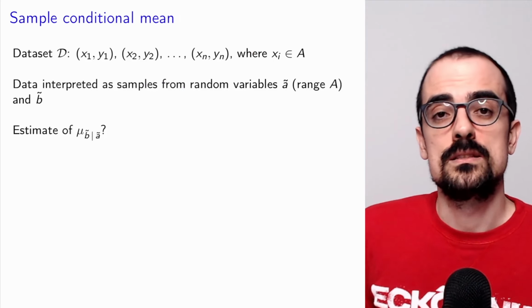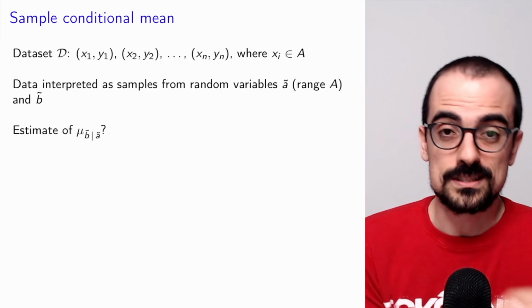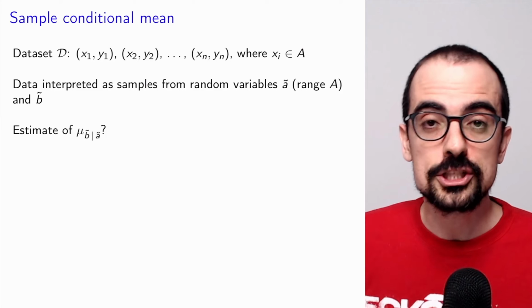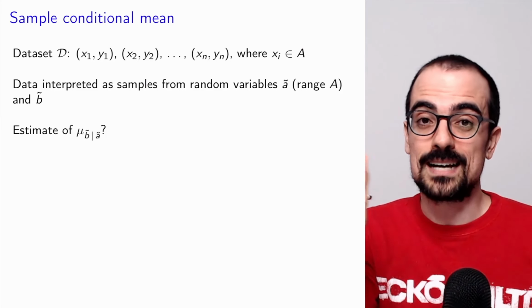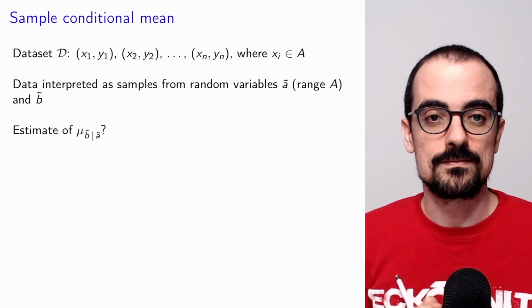How do we estimate the sample conditional mean? And this is very important, as we will see later on, for regression. Well, you essentially do like for the mean, except that you only use the relevant values.